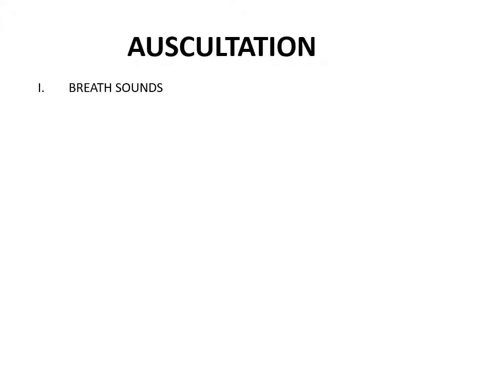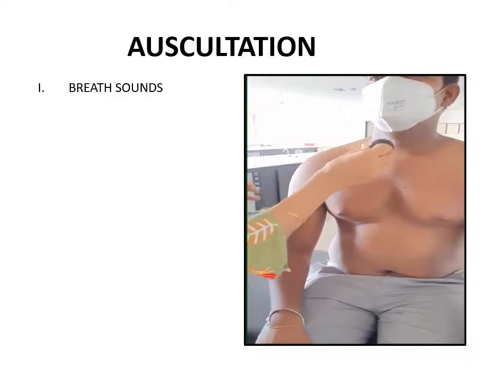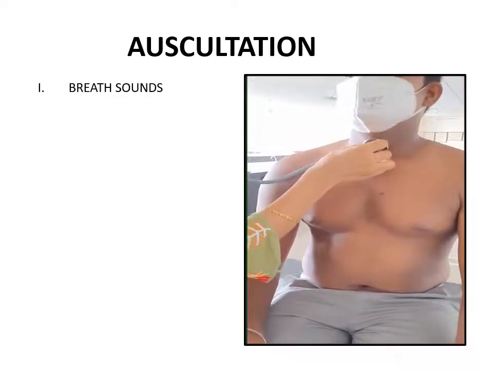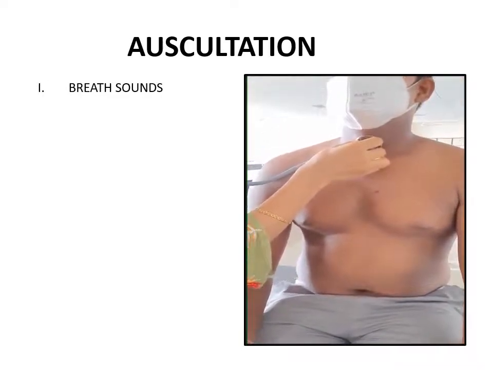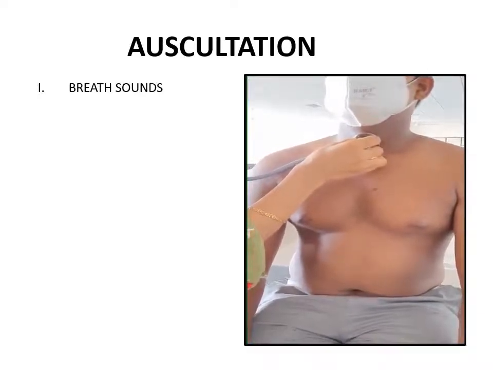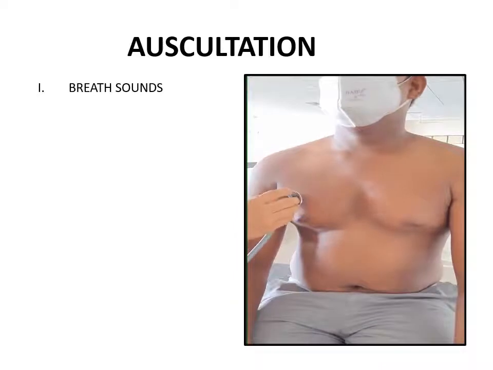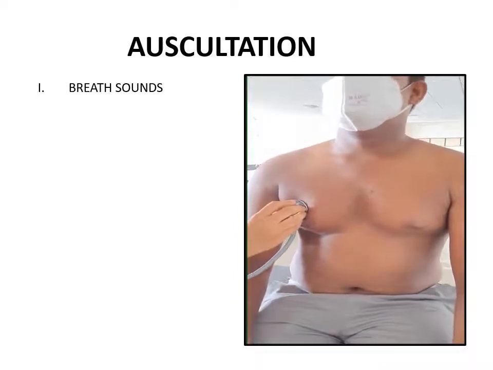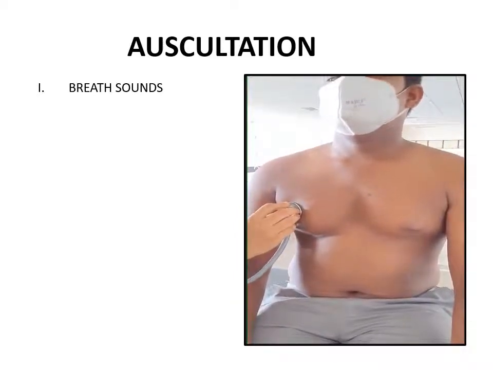Now let's see how to check for breath sounds. Checking on the trachea for bronchial breath sound, then on the periphery for vesicular breath sounds.